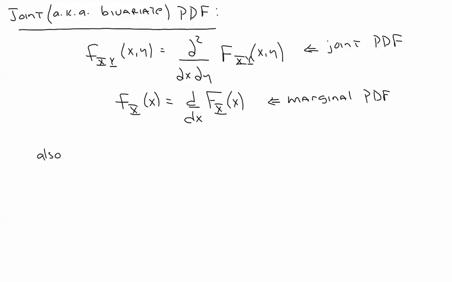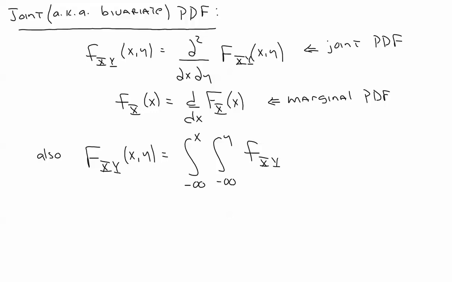We can invert this. We can find the joint cumulative distribution function by taking some indefinite integrals: the integral from minus infinity to x, the integral from minus infinity to y of my joint PDF. That is similar to what we had when we talked about marginal cumulative distribution functions and PDFs.